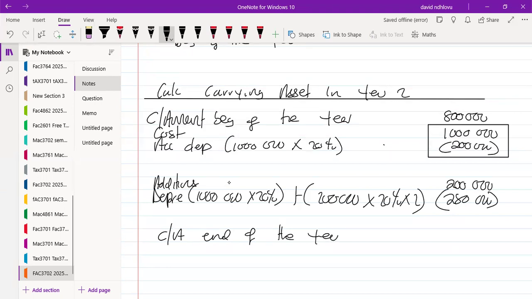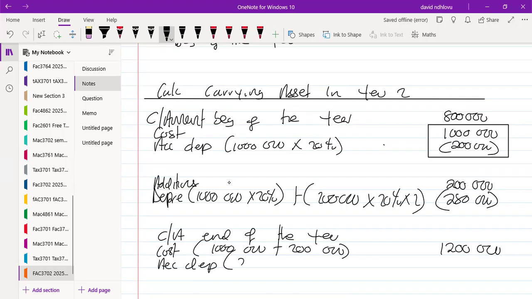So this is when you have an addition to the property. The cost now becomes the original value, 1 million, plus the 200,000, giving us 1.2 million here. Then accumulated depreciation this time will be the 200,000 beginning of the year plus the 280,000 in the current year. Then we have 480,000.